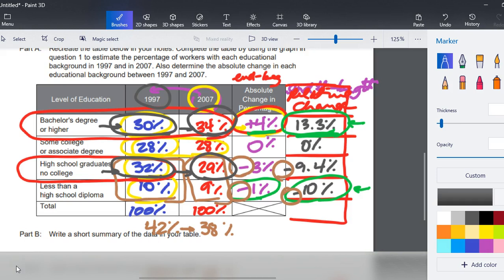In only 10 years, it's shifted, where one was almost a third, and this one's right at 30, and then it's switched to this one's over a third, and this one's less than 30.